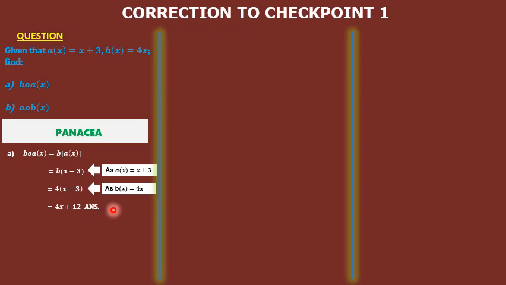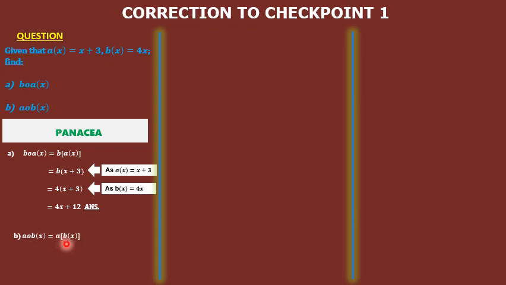So let's do the b part. As for the b part, we have a of b of x, meaning that the output of b of x, which is 4x, is going to be the input of a of x. So let's look at that. a of b of x can now be written as a into b of x using the alternative notation.